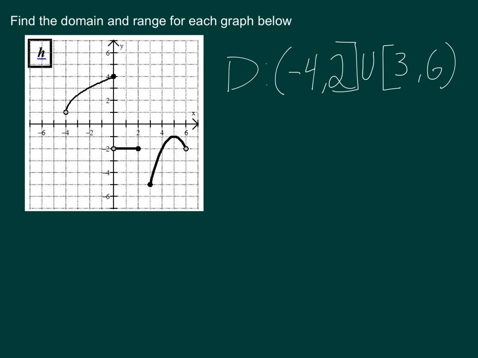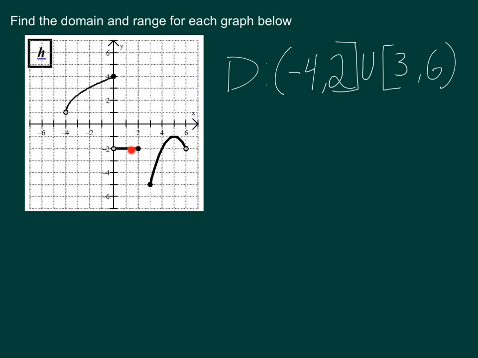The range starts with the lowest y value, or if you like, the bottom of the graph. So it looks like this graph starts way down here at -5, as far as the y value is concerned. And we can travel up. And I want to stop right here at -2. You can see at -2 that there are two open dots.